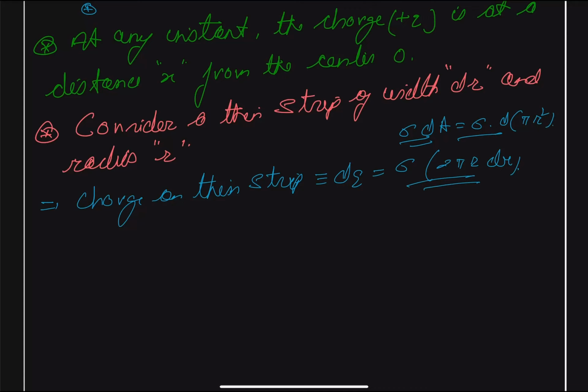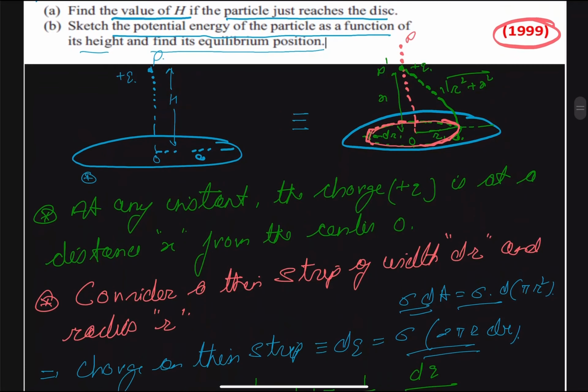Similarly, because of this thin strip, we can find out the potential at point P prime. So we can say that the potential at P prime, that will be our dV, will be equal to 1 upon 4 pi epsilon naught, the charge is our dq and the distance is the square root of r square plus x square.